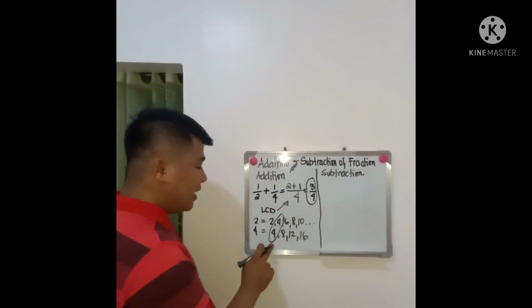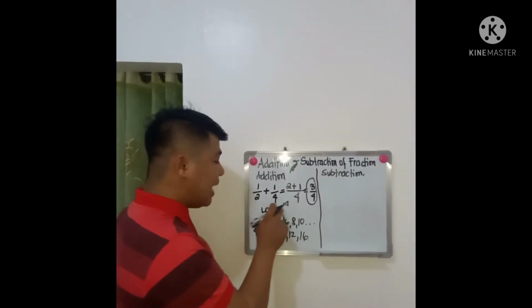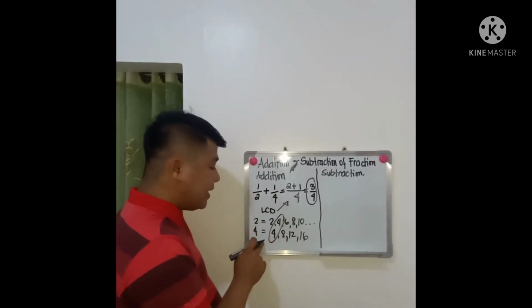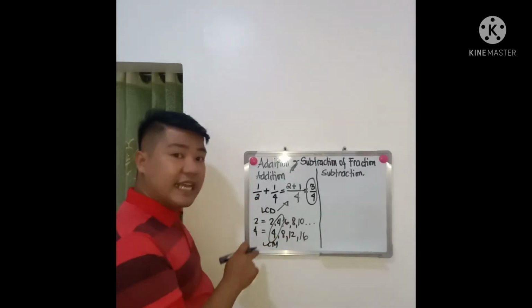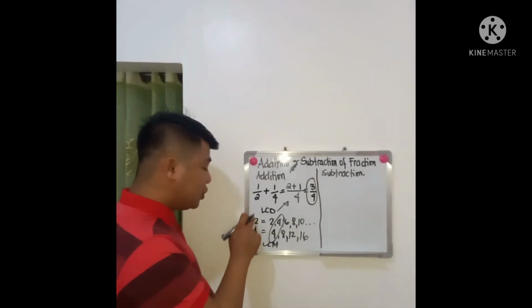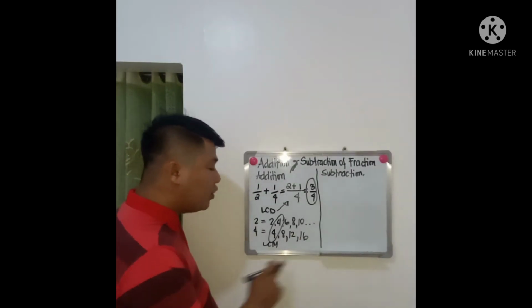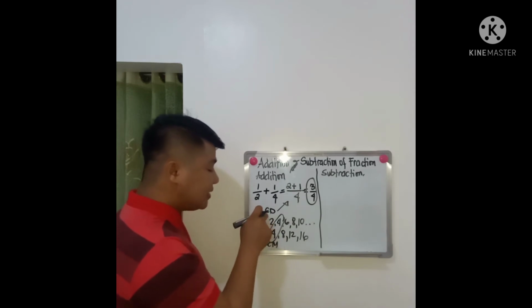So again, the first thing to do is get the least common denominator by getting the least common multiple, or the LCM, by listing the multiples of the two denominators. We have 2 and 4 here. That is how you get the LCM, or the LCD.